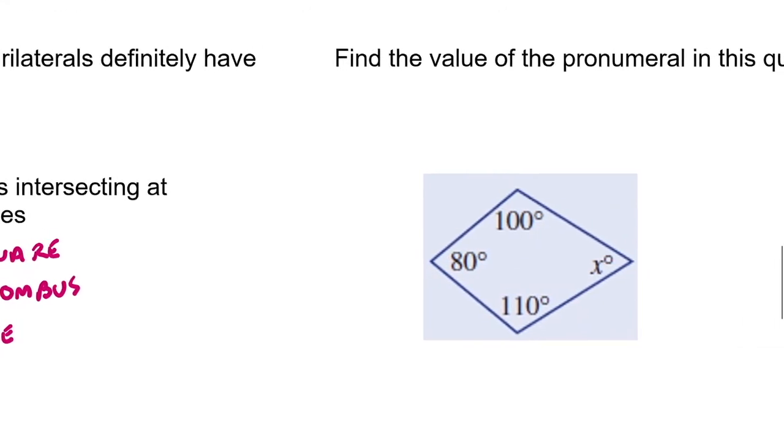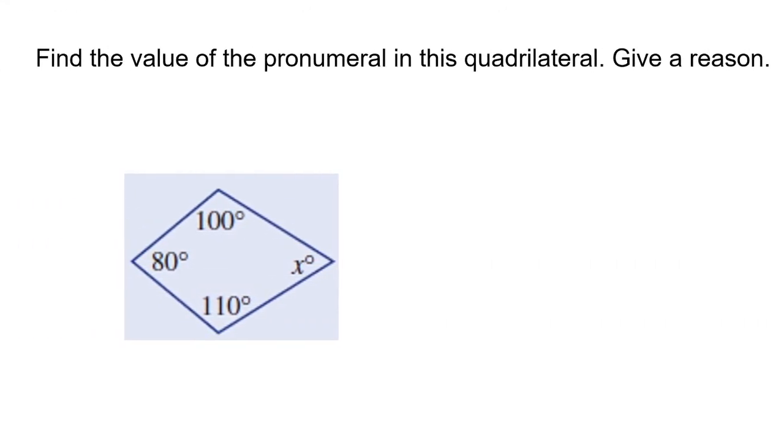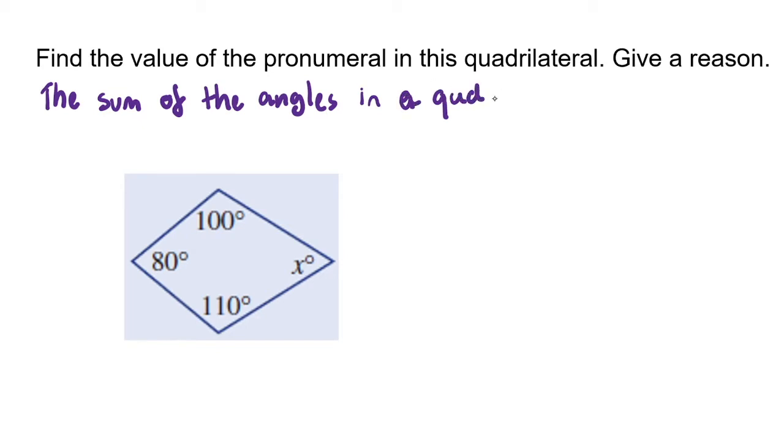Okay, getting into some calculations now. Find the value of the pronumeral in this quadrilateral, give a reason. Well, sum of the angles in the quadrilateral is 360 degrees. So that's an important one to remember.